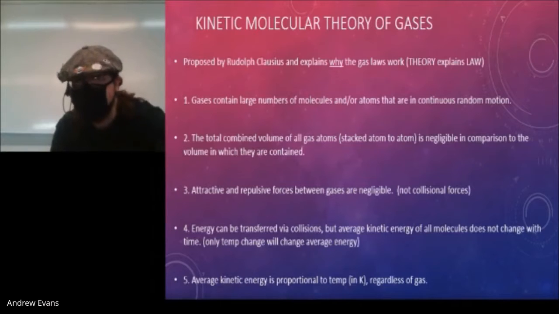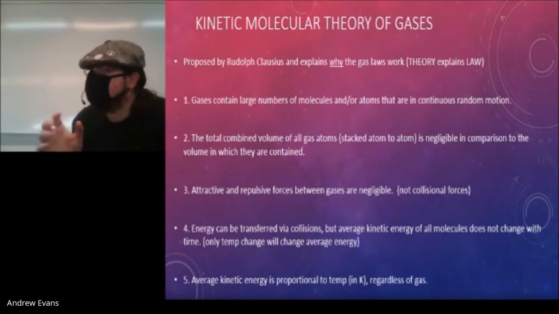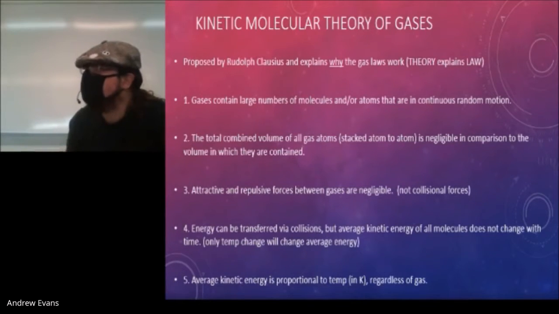So here are some new statements. Number 4, energy can be transferred via collisions, but the average kinetic energy of all molecules does not change with time. So these collisions transfer energy. If a stopped billiard ball gets hit by a moving billiard ball, the moving billiard ball slows down, the stopped one starts moving, and the energy is transferred, like energy is conserved.